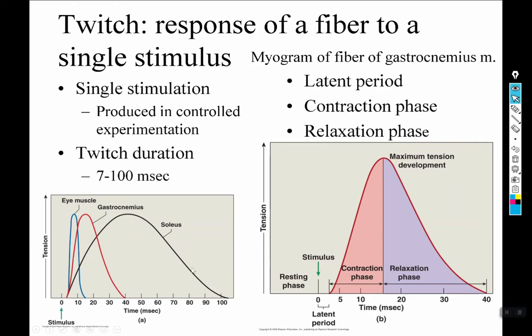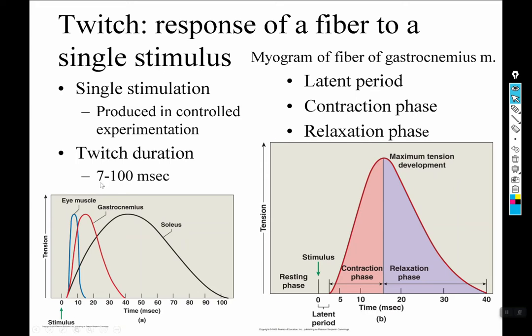It ranges from as short as 7 milliseconds, like the eye muscle range, to as many as 100 milliseconds, or 100,000ths of a second. So what we're seeing here is, after the action potential from the neuron results in acetylcholine crossing the synaptic cleft and binding to the motor end plate receptors, which are acetylcholine receptors and also chemically gated sodium channels, how long does it take for that muscle to generate as much tension as it's going to generate from that particular stimulus?